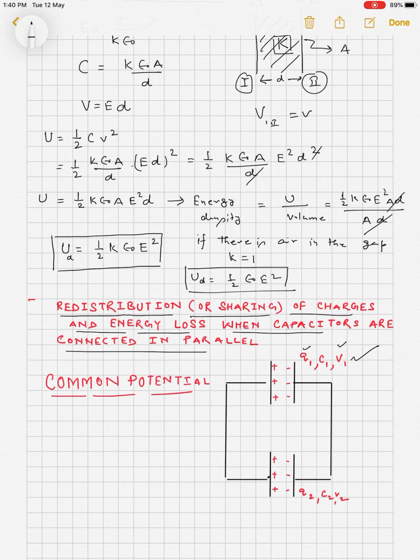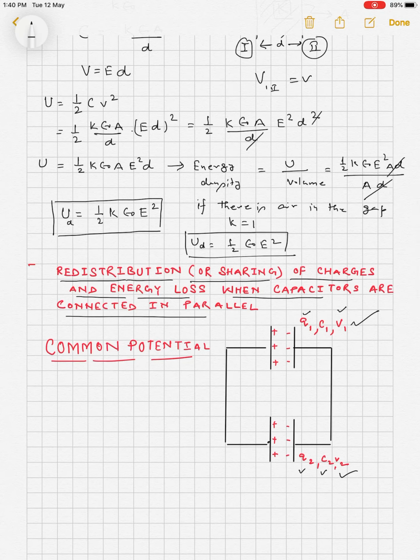The second one is a capacitor having charge Q2 whose capacitance is C2 and is at potential V2. So initially when they are not connected, the charge Q1 will be equal to C1 V1 and Q2 is equal to C2 V2. So this is a charge.